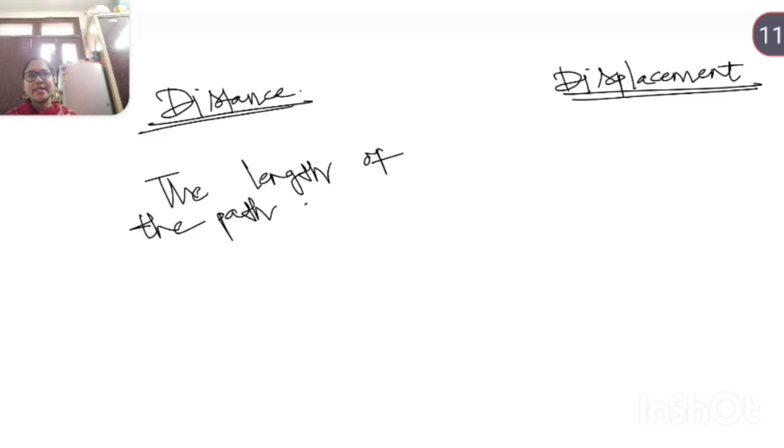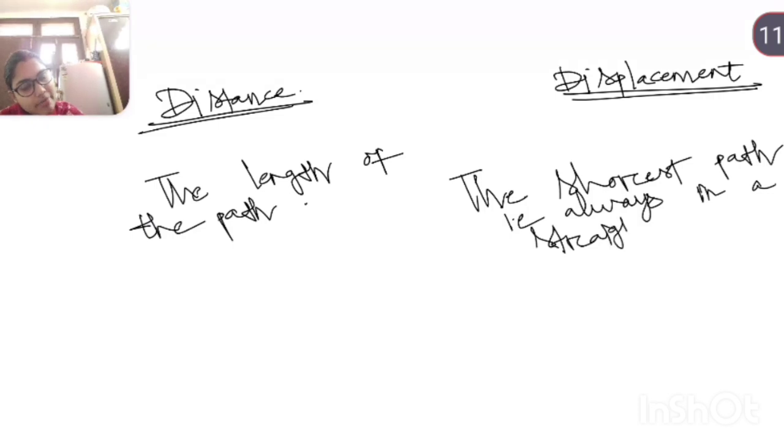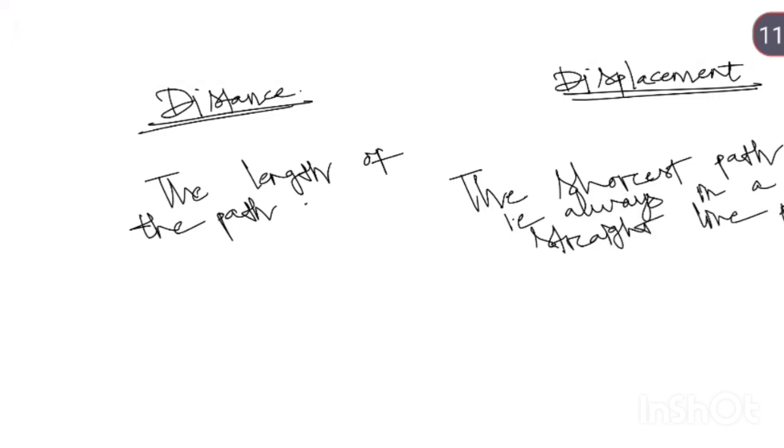What do you mean by displacement? Displacement is the shortest path, the straight line path. Displacement means the shortest path, which is always in a straight line.